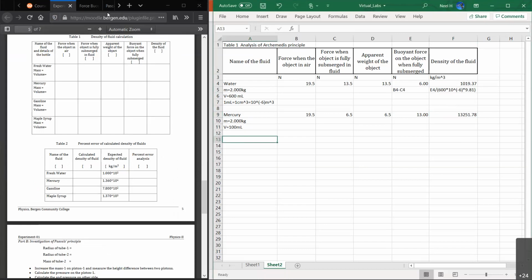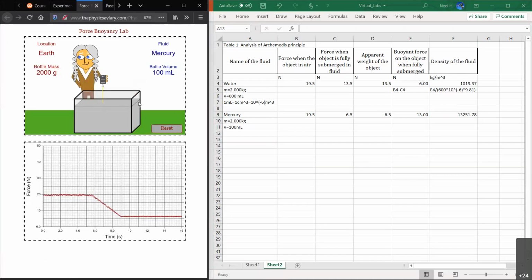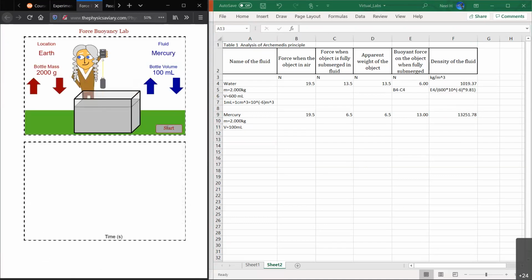So you are done with mercury, and then what's next is to reset the whole simulation. Gasoline, volume and mass. You can put the volume back to the 600 maximum value, which means you can copy paste these numbers because those are the same.